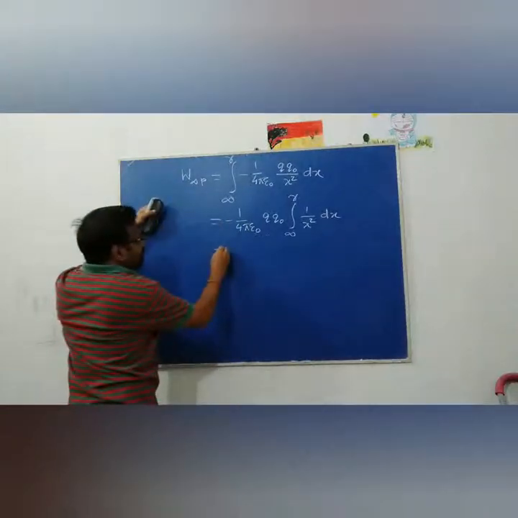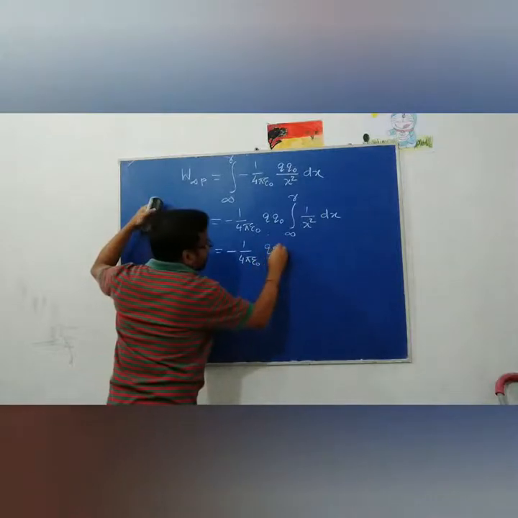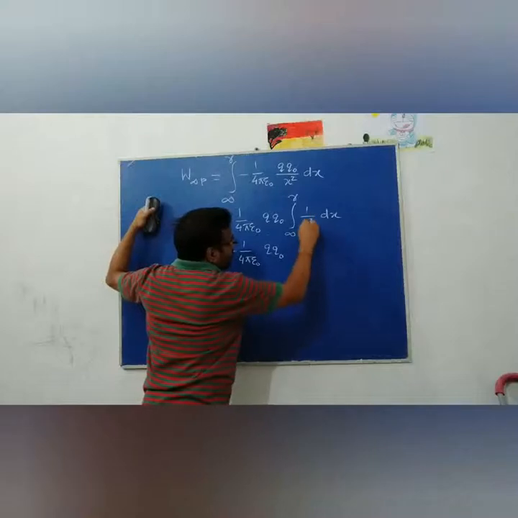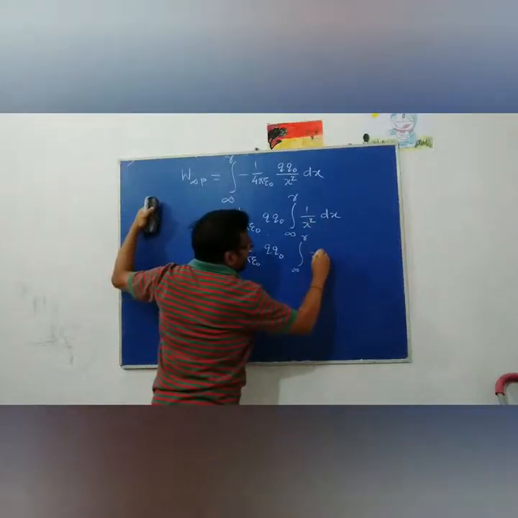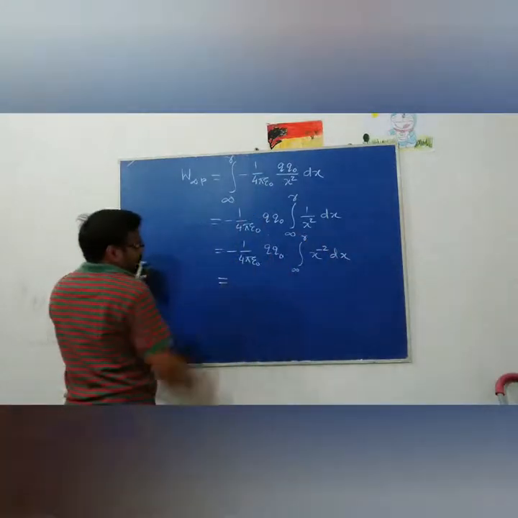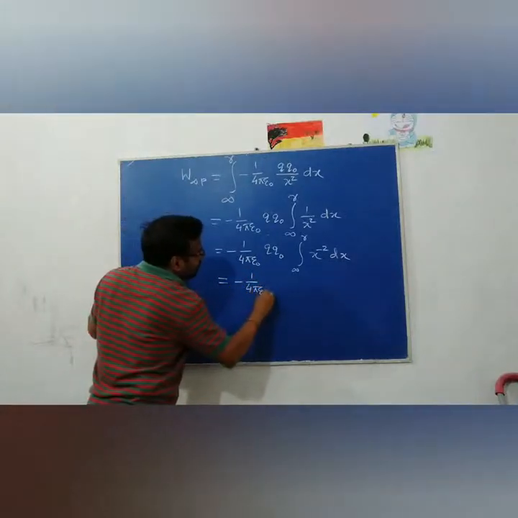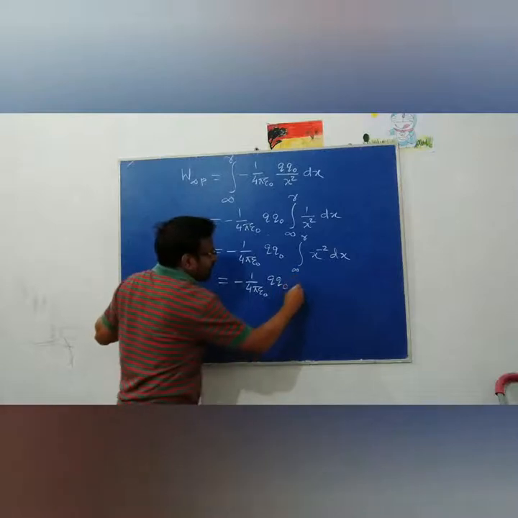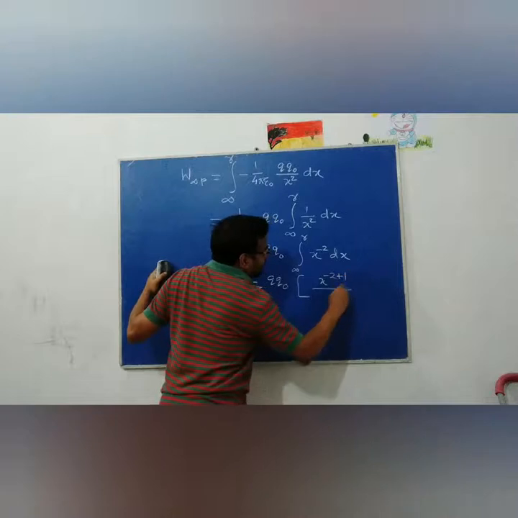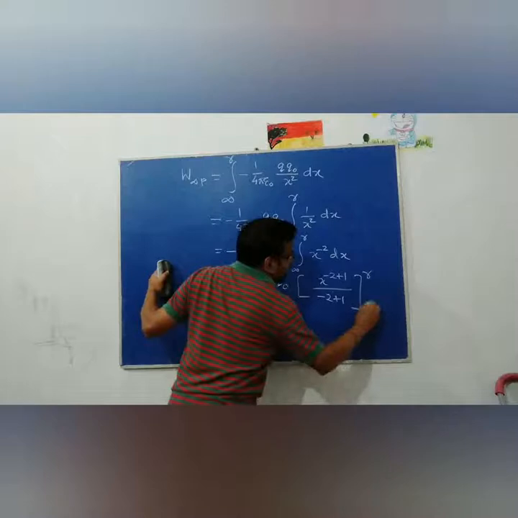Minus 1 by 4 pi epsilon naught, integration infinity to r, 1 by x square is written as x to the power minus 2. Now use the concept of integration, that is 1 by 4 pi epsilon naught Q Q naught, x to the power what will it be, minus 2 plus 1 divided by minus 2 plus 1, upper limit lower limit.